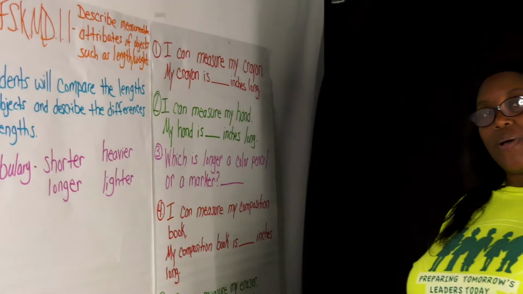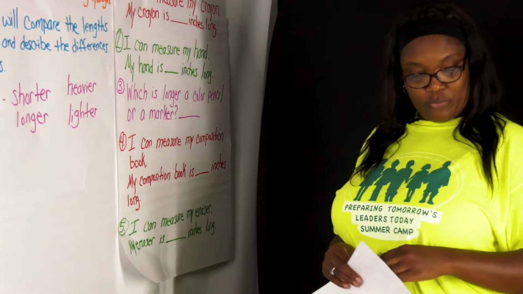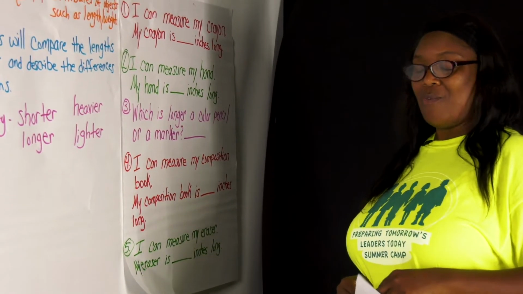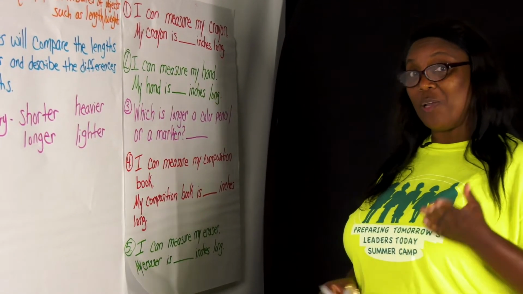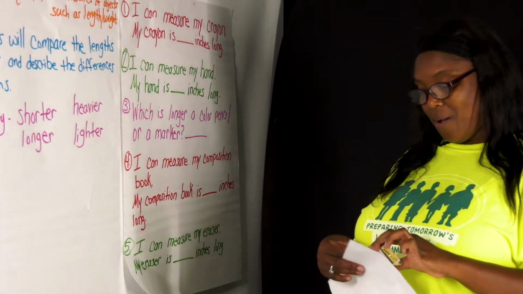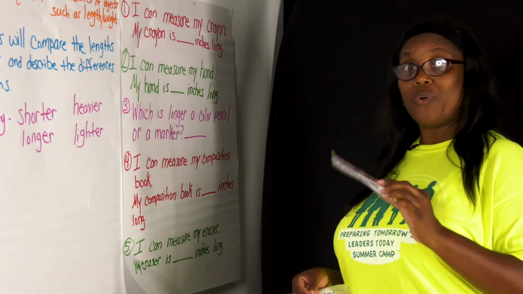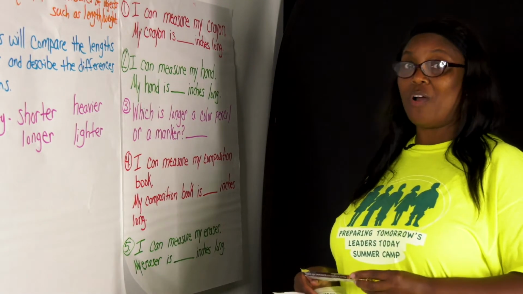As we think about some of the activities that we have gone over for the week, I'm going to remind you. We did an activity with eggs, all about the weight of the eggs. We did an activity about the candy bars, which candy bar was longer and which candy bar was shorter.